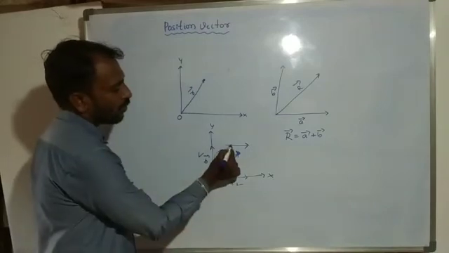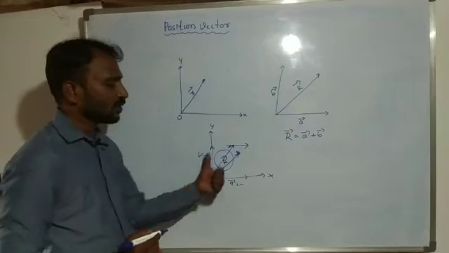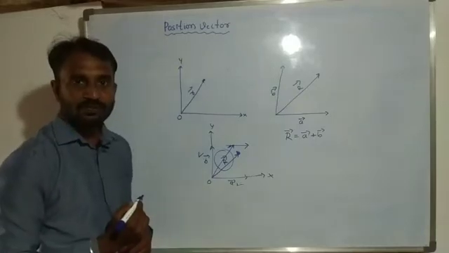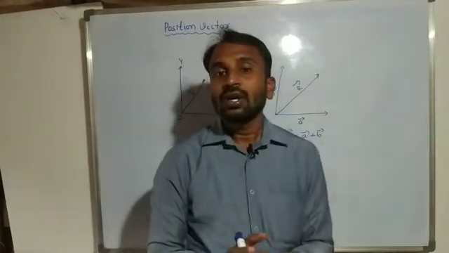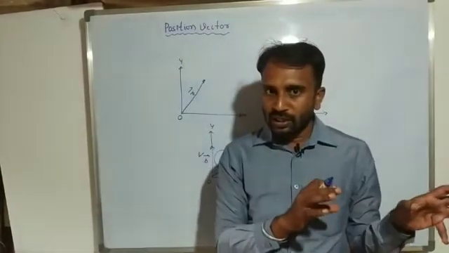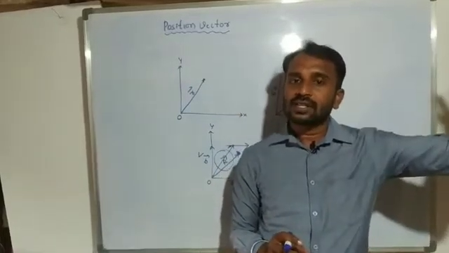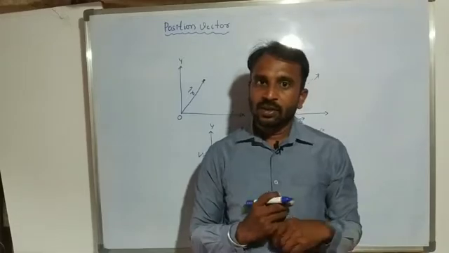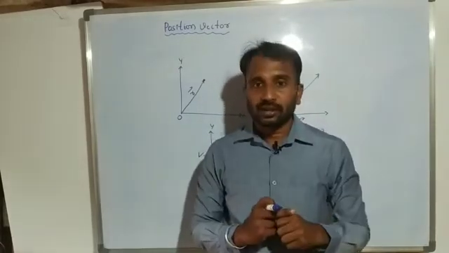Suppose we want to find out the position of the object, again we consider position vectors. By using this position vector we will find out the position of a particle. Suppose the object is moving in a plane or placed at a particular position in a plane, or we consider that it is in space. We have to find out this position by using the position vector.